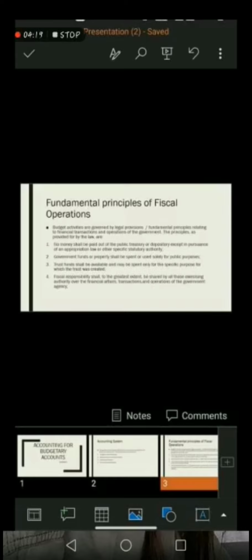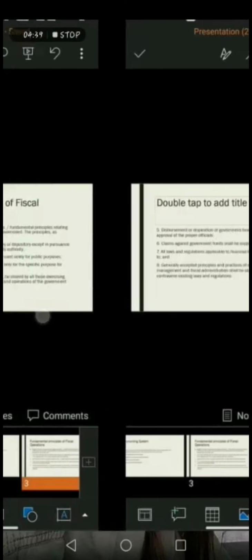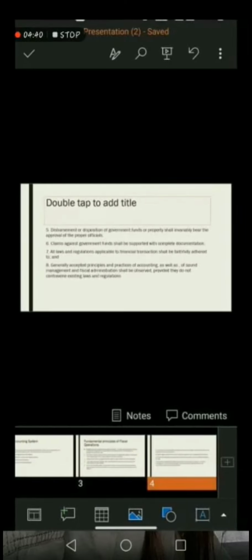And 8. Generally accepted principles and practices of accounting as well as of sound management of fiscal administration shall be observed provided they do not contravene existing laws or regulations.